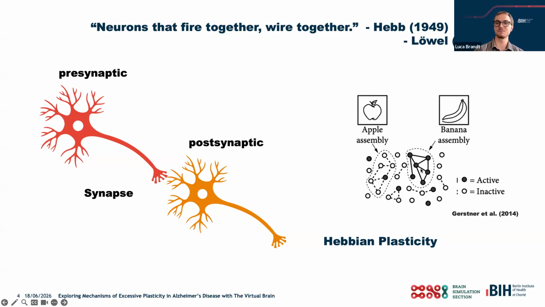You would have, at least schematically, similar networks in your brain for encoding the concepts of bananas and apples, so you could distinguish between them. Wait, let me activate the laser pointer. Okay. There are some neurons encoding, for example, the shape of the banana, the color, the smell.